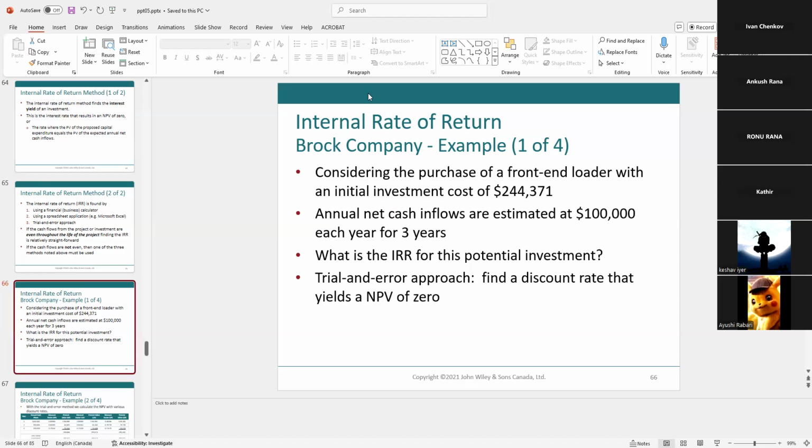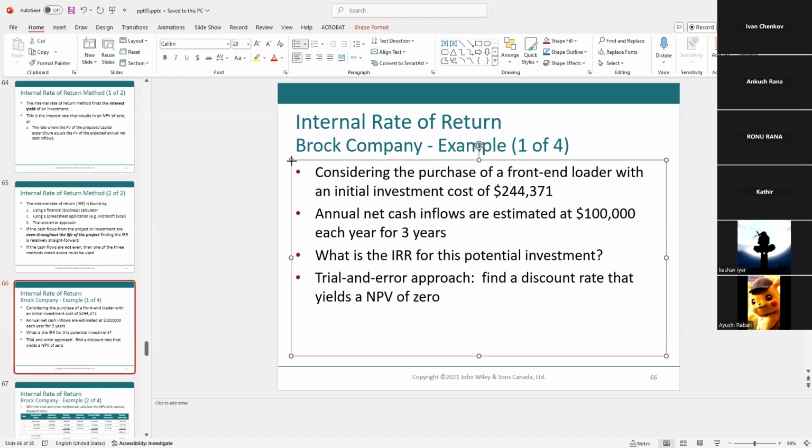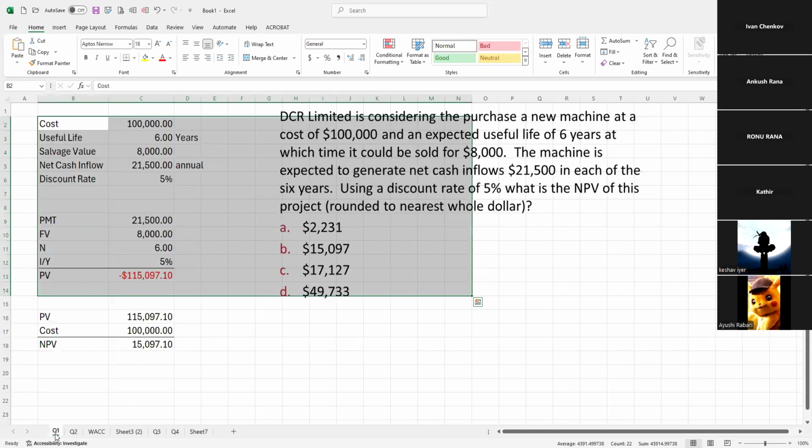So I'm going to get this information and we're going to use the Excel spreadsheet to calculate it. We don't need to use the trial and error method once we have the Excel spreadsheet. That would be too much. So let's get this question one and build on question one.